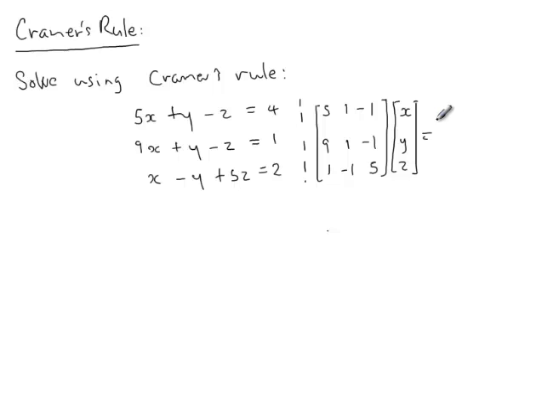Then the independent terms become 4, 1, and 2. When we've written the system in that form, we say it's in matricial form. This is AX equals B. Even if we're not going to use the inverse, this kind of setup is important.